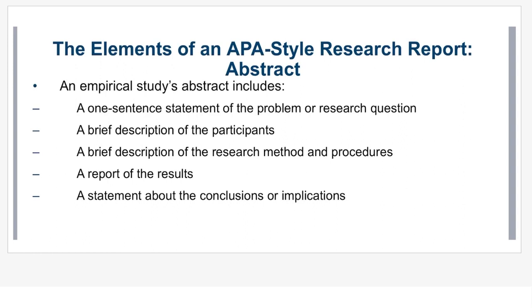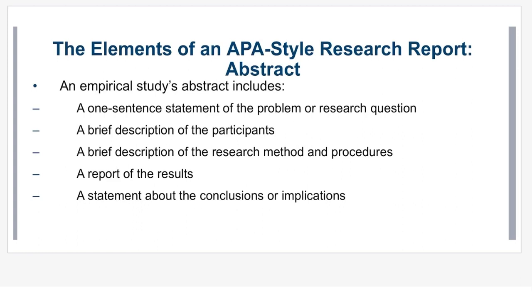Title is one of the ways that they look for articles, but abstract is another way. And so you want to make sure that it is written well, that it's a good summary, and that it clearly and simply states what your study is about, so that people can know if it applies to their own research or their own ideas.